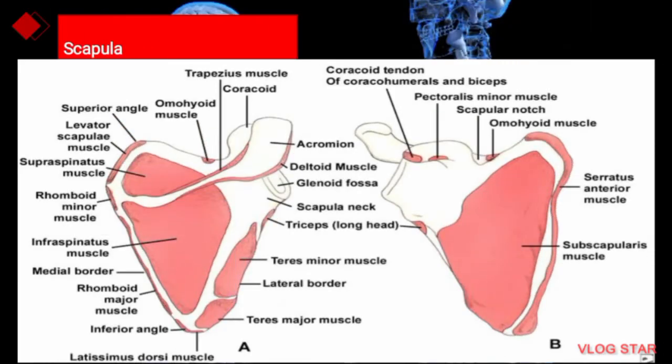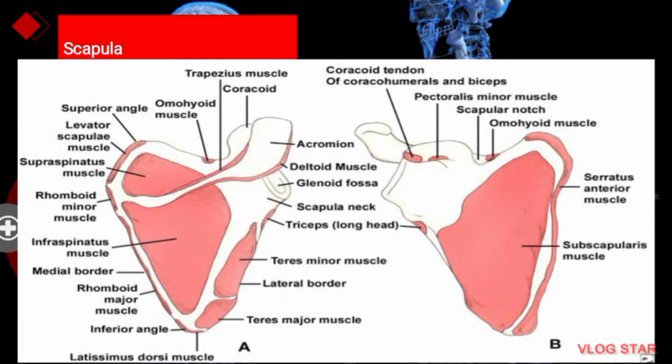Now move ahead to the scapula. So scapula is a flat triangular bone overlapping the second to the seventh rib of the upper part of the posterior lateral chest wall. Which type of bone is this? Scapula is a flat triangular bone. Just revise with me, repeat with me.